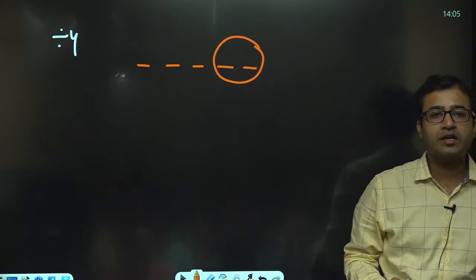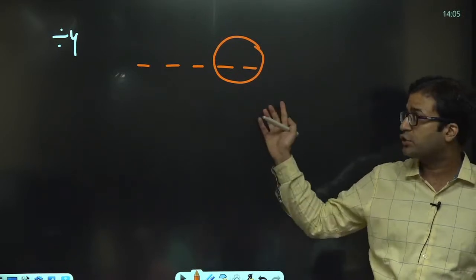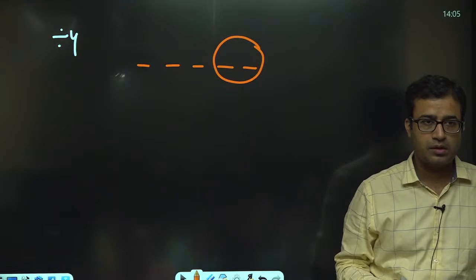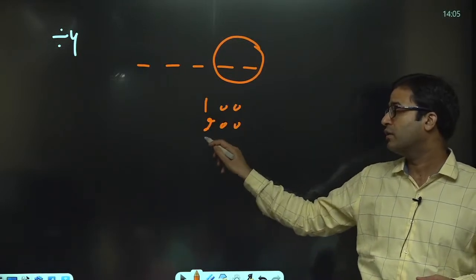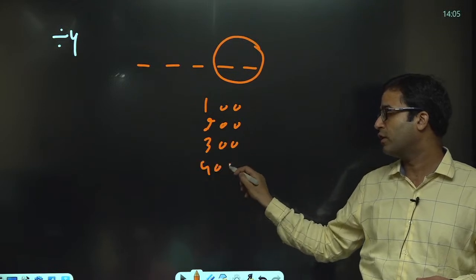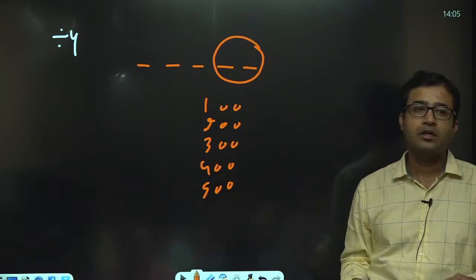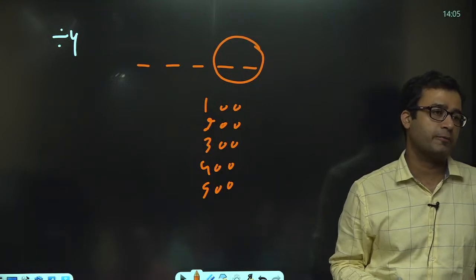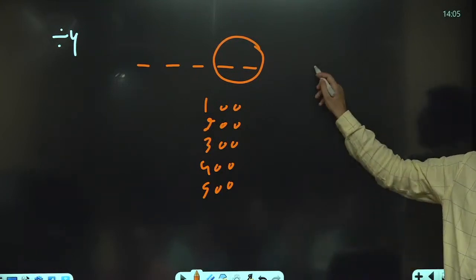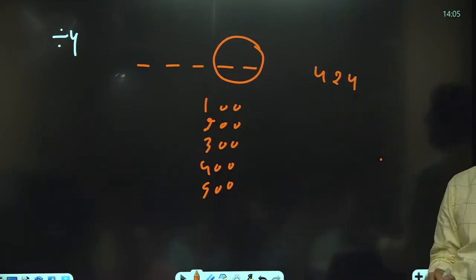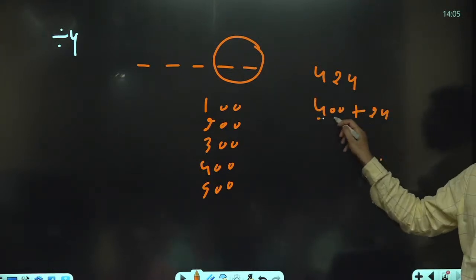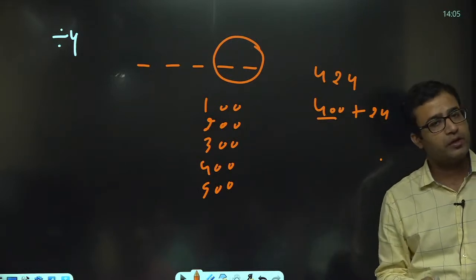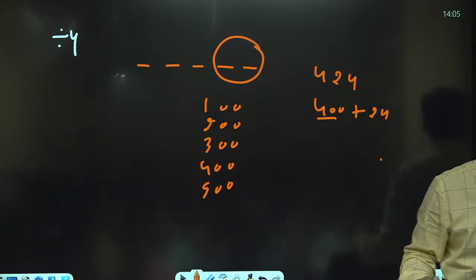There is no need to check the 100 place, because 100, 200, 300, 400, 500, all of these are divisible by 4. For example, there is a number 424. You can check 400 plus 24. All these multiples of 100 are multiples of 4, that's why we can skip it.